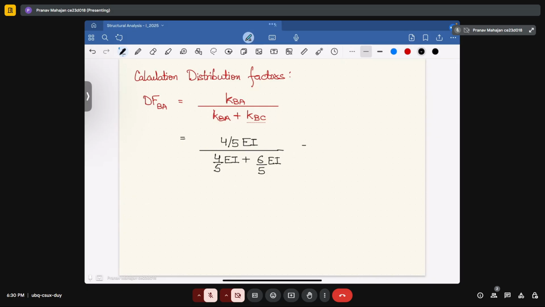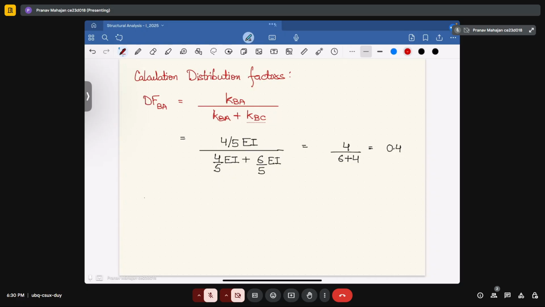So if you take the LCM further, you will get it as 4 divided by 6 plus 4, equal to 0.4. So your DF for BA came out as 0.4.